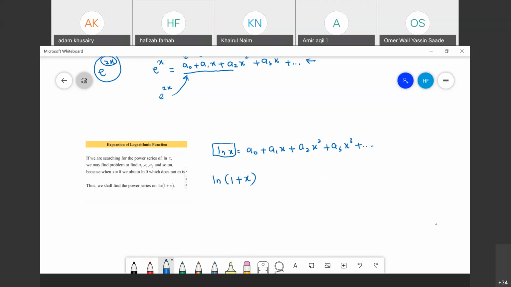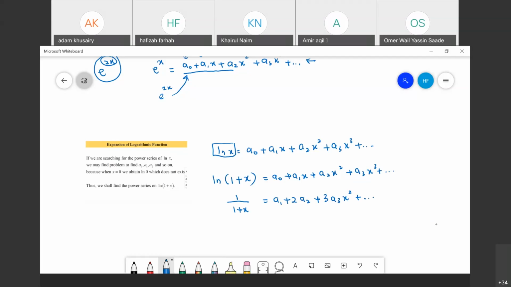So from here, then find the derivative of this equation. So this will become 1 over 1 plus x. Now if we substitute x with 0, we will get the answer which is 1. So we don't have any problem with that. So the next step is differentiate this. We have a1 plus 2a2x plus 3a3x squared and so on.